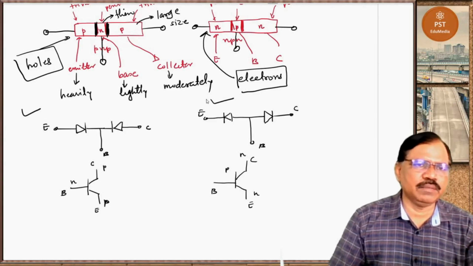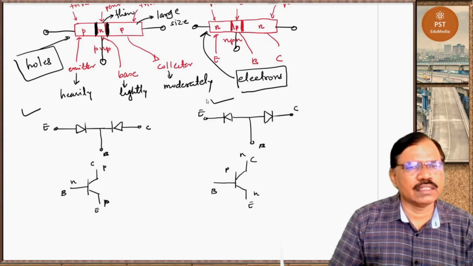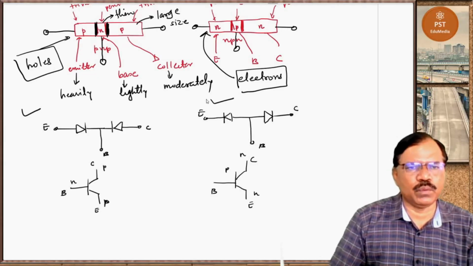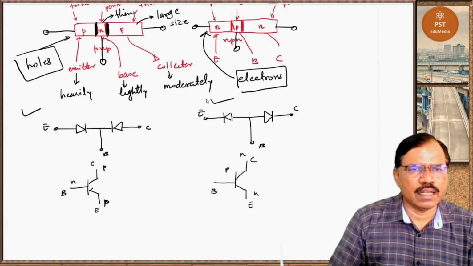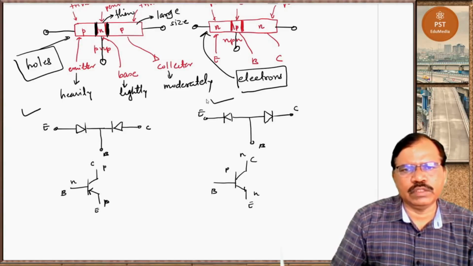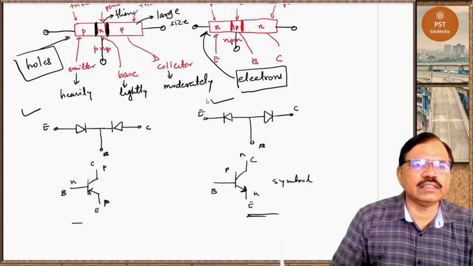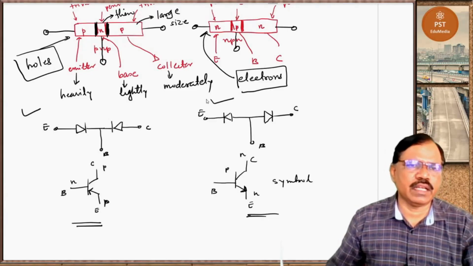Now since base emitter junction is forward bias, current flows from P to N. So here we show arrow. Here we show arrow. So this is the symbol for NPN transistor, this is the symbol for PNP transistor.